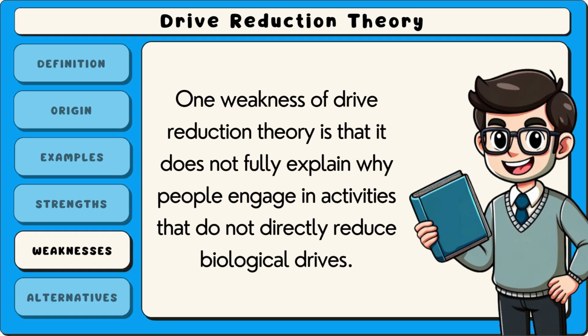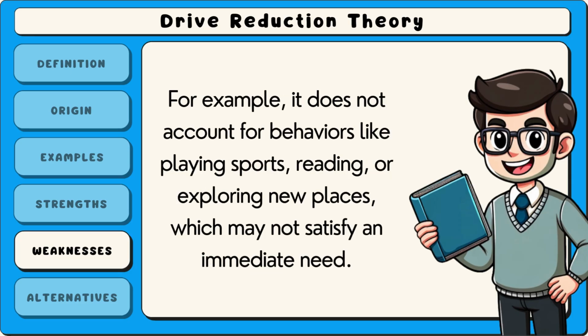One weakness of drive reduction theory is that it does not fully explain why people engage in activities that do not directly reduce biological drives. For example, it does not account for behaviors like playing sports, reading, or exploring new places, which may not satisfy an immediate need.